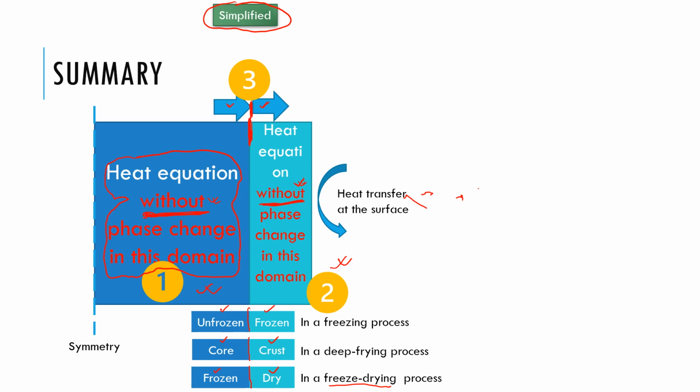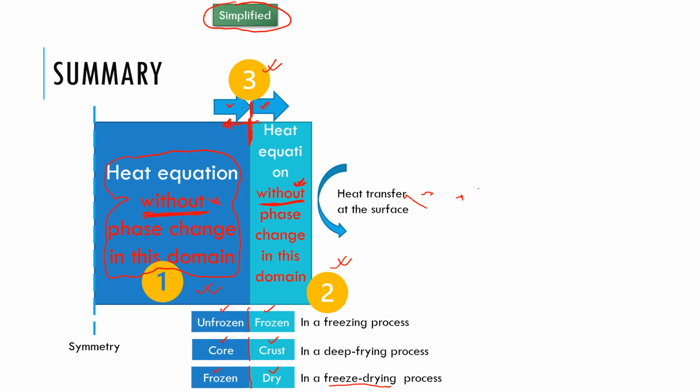So then, by having a third equation for the interface that relates the interface velocity, how fast this freezing or freeze drying goes on, it relates that velocity to the two heat fluxes, which are known because we could use the normal heat equation with the normal physics in these two zones.